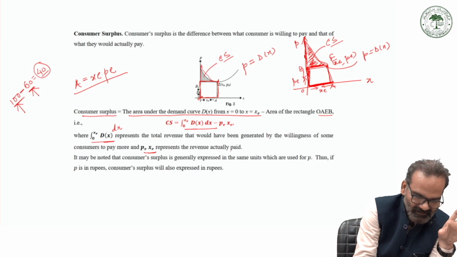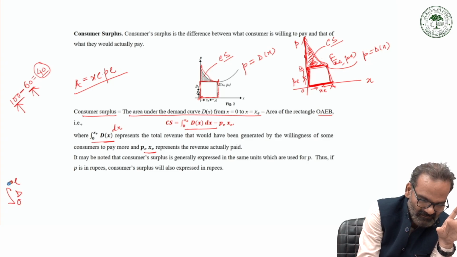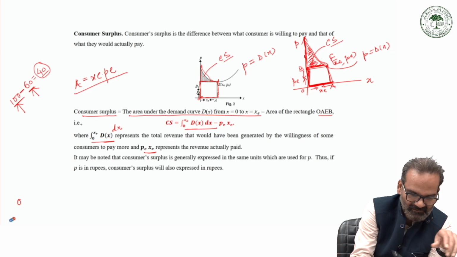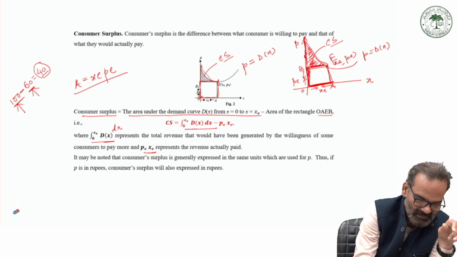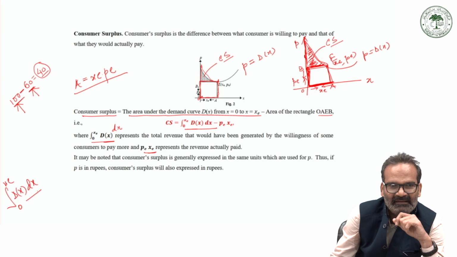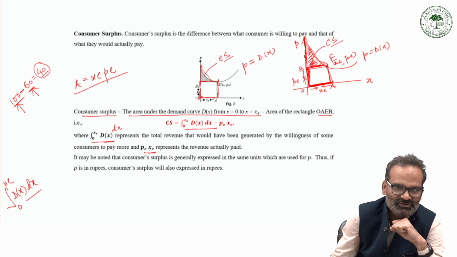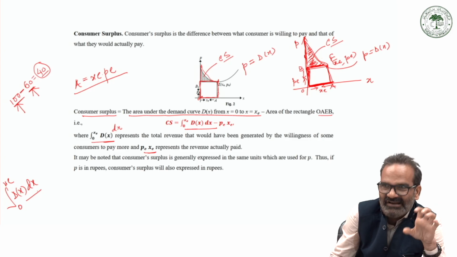So the first part, 0 to XE, this is the demand function and dx, represents the revenue that would have been generated by the willingness of the consumer. What the consumer is willing to pay.